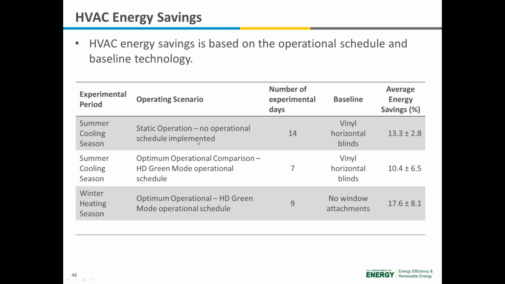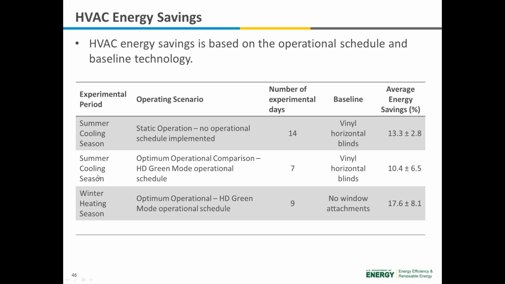On the first one, the static operation, this was done in the cooling season, during the summer, 14 experimental days, and the baseline is the standard horizontal vinyl blinds. We see the Hunter-Douglas blinds having a 13.3% reduction in HVAC loads when compared to the standard vinyl blinds.